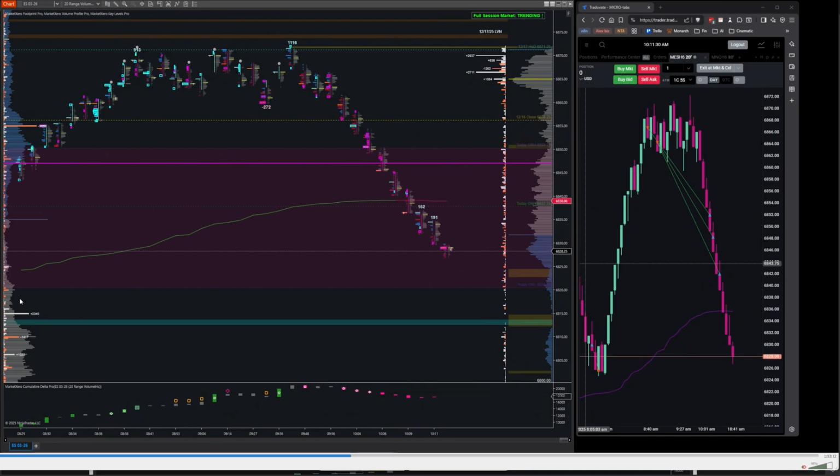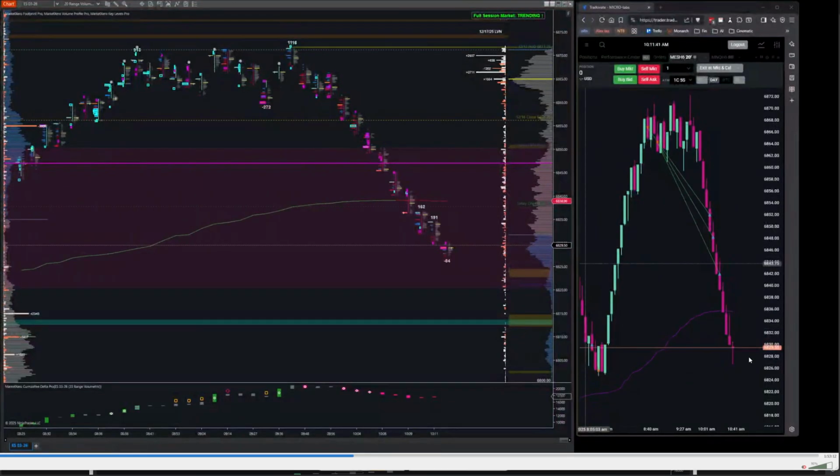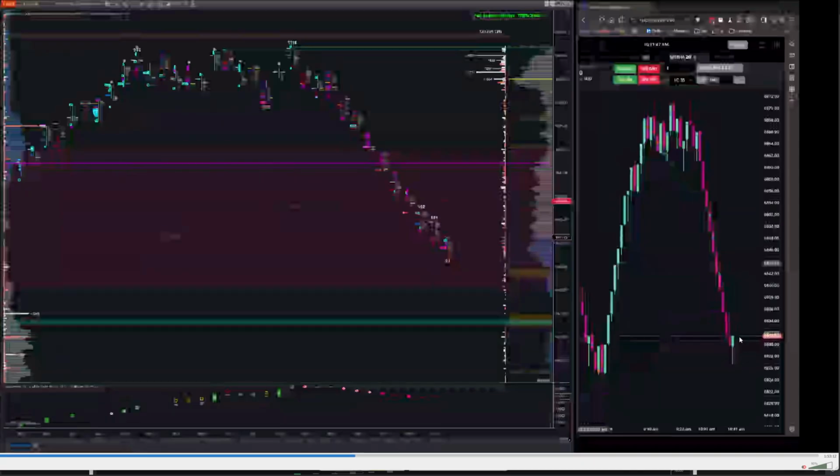Down in this area, we see some delta from the previous day's volume profile. And you see I scaled out of my position and didn't catch the whole trade, but caught enough that if you can consistently do that over time, you're going to be a profitable, consistent trader.